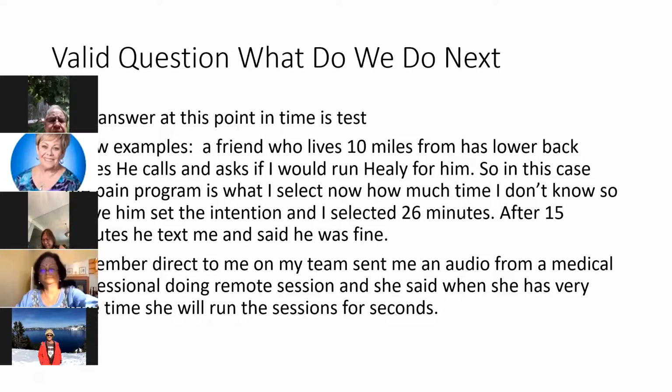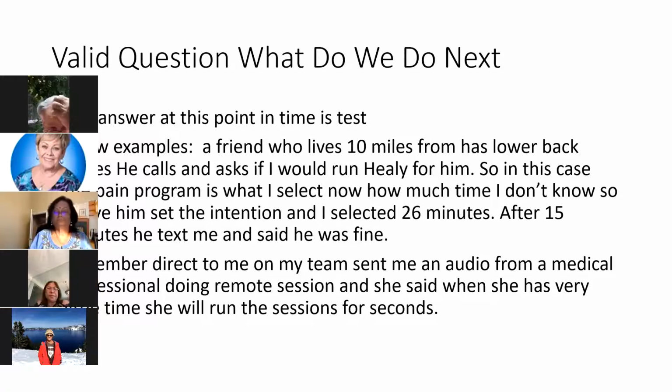A lot of times I'll look at the analysis and I'll see that something is resonating very strong by the percentage on the resonance, and I'll decide I'm going to run that particular program a little bit longer rather than shorter.